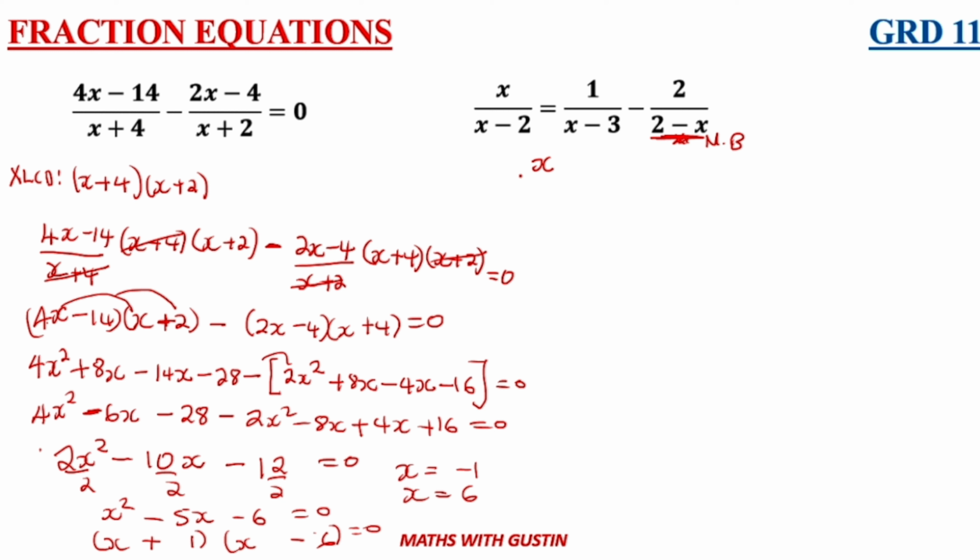So we're going to have x all over x minus 2 is equal to 1 over x minus 3. In order to make this one, we're going to remove a negative here. So you are going to have a positive 2 all over x.